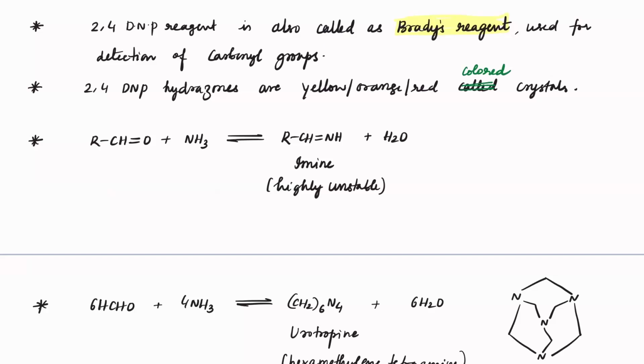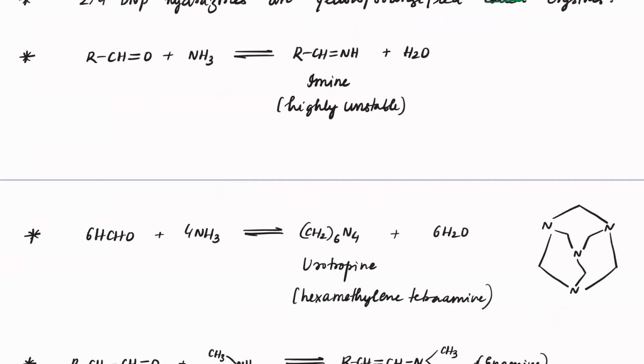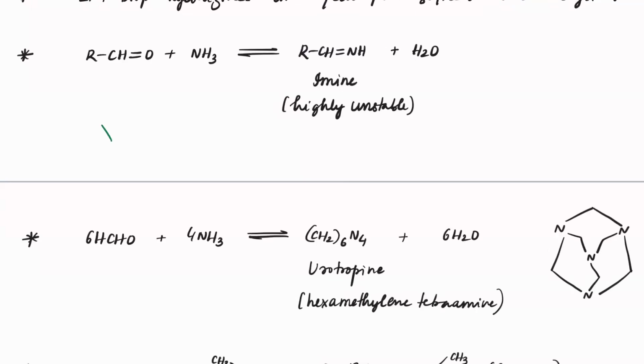See, when it comes to imine, it is a highly unstable form, because nitrogen having just one hydrogen gets easily hydrolyzed. That means even if a small content of water is present, let me show you the reverse mechanism. RCH double bond NH. Water can easily attack on the carbon here, pushing this nitrogen lone pair.